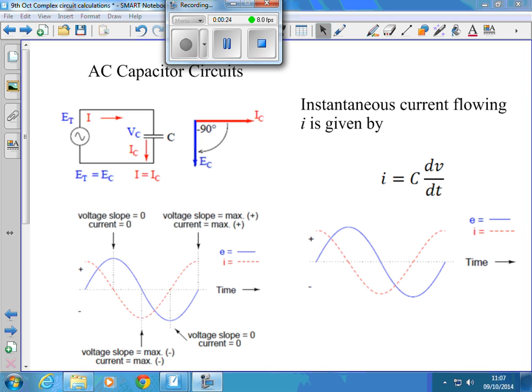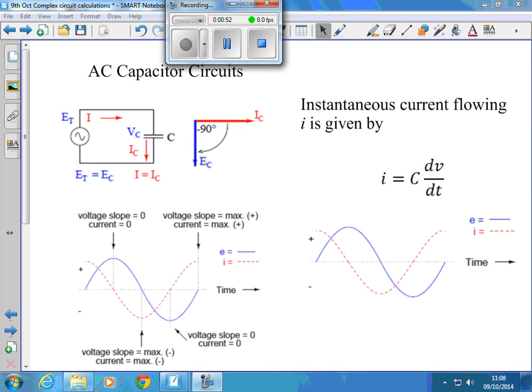If we could, we'd end up with a current that leads the voltage by 90 degrees, or voltage lags the current by 90 degrees. Does that fit in with CIVIL? Yes, it does. The instantaneous current flow i is given by the capacitance C multiplied by the rate of change of voltage.